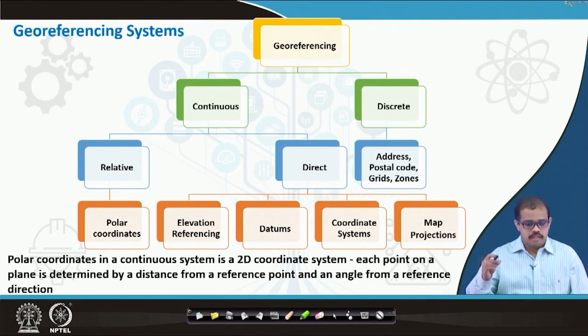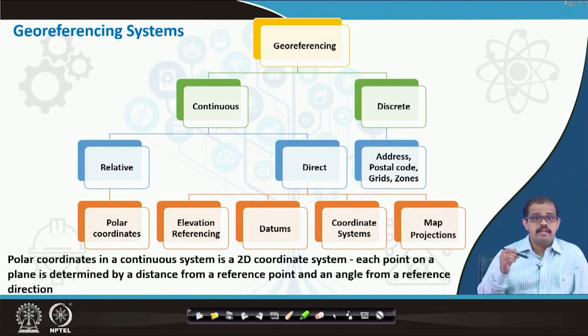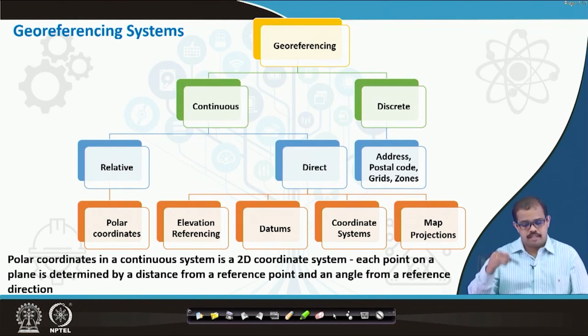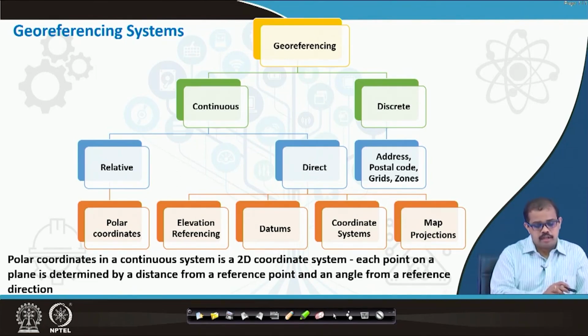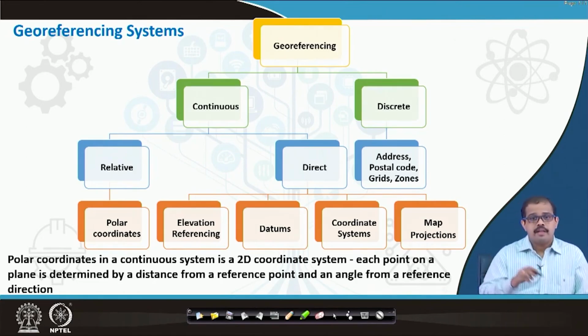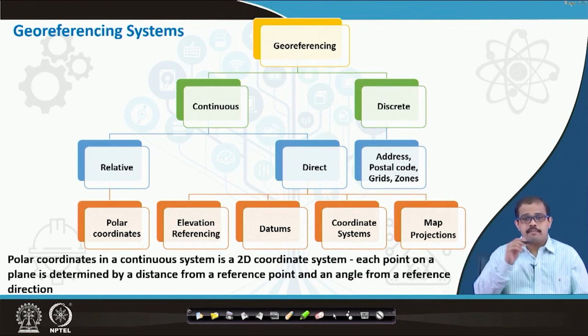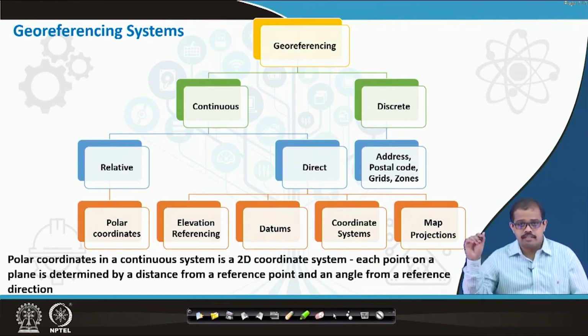Each point on a plane is determined by the distance from a reference point and the angle from the reference direction. Which means you have a reference point from which you find the distance, and then you also have an angle from a reference direction or a reference line or a reference region.